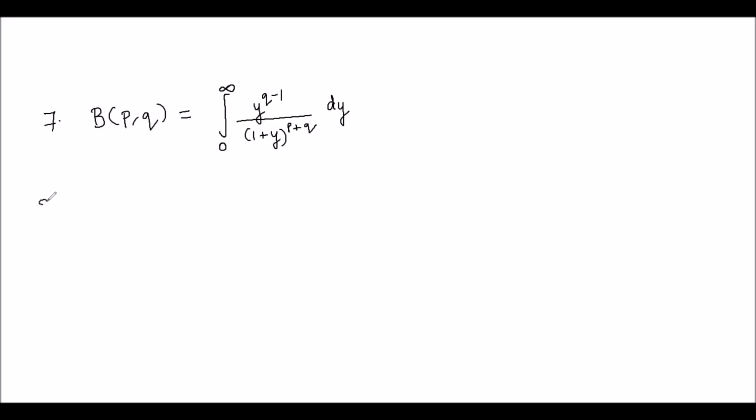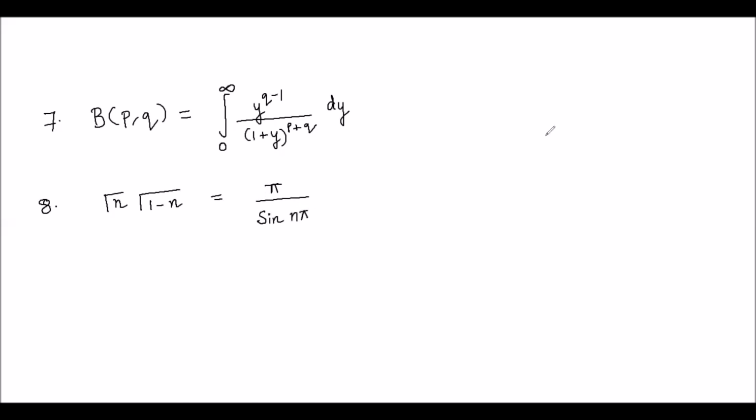The next one, if we find the product of gamma n and gamma of 1 minus n, then this product is pi upon sine n pi.